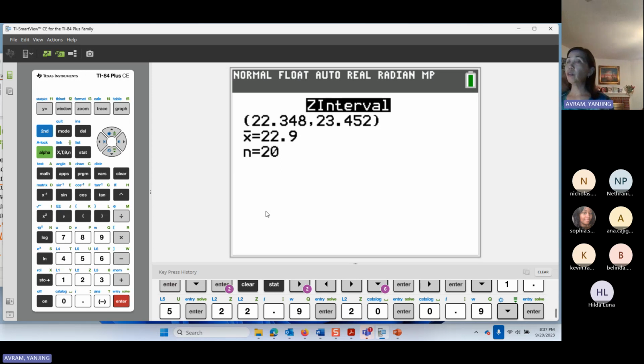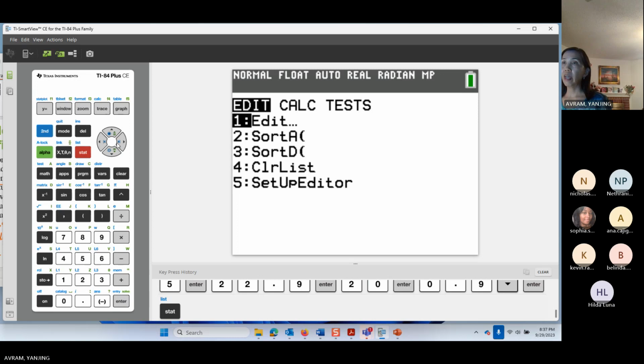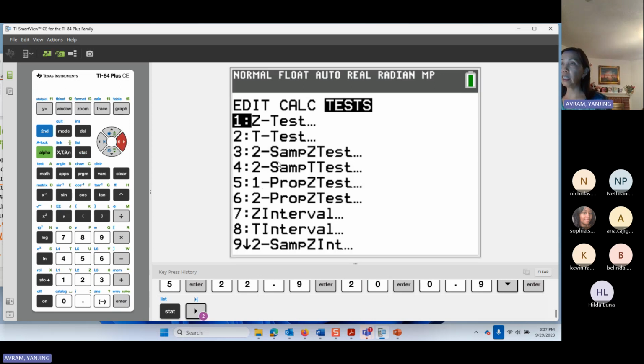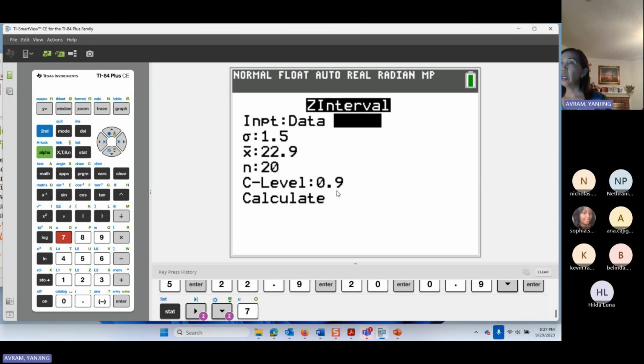All right, so let me repeat one more time. You go to STAT and then go to TEST, and then we want to find the z interval. It's number 7. You can cursor down or you can just type a 7. If you have raw data, you just input it into L1 and use the raw data.